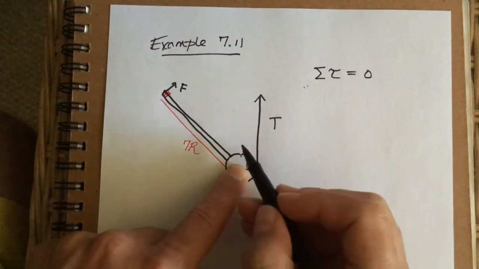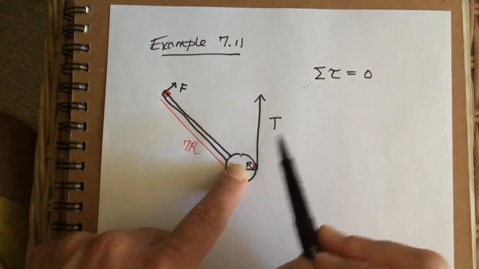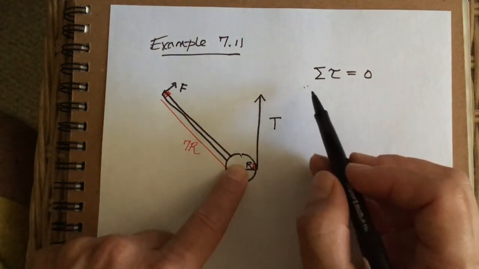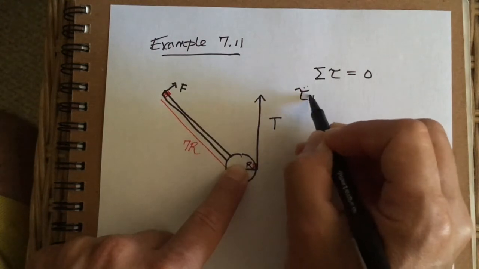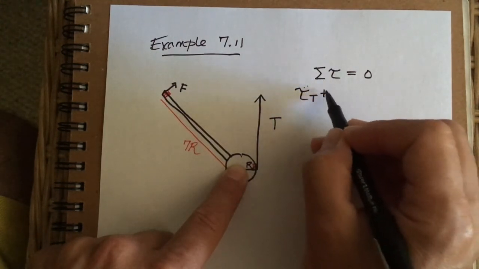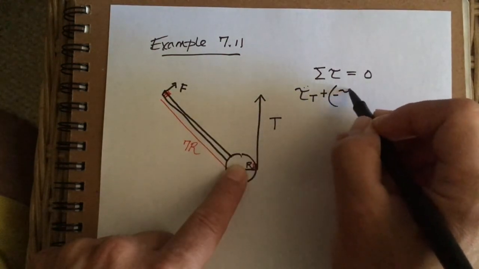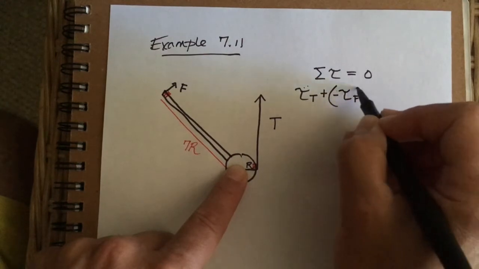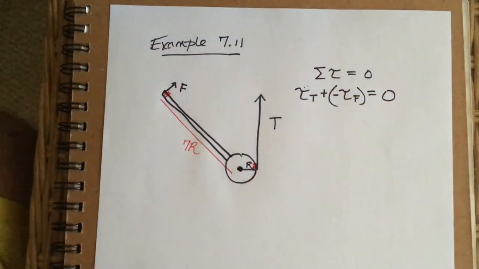So this is going to be a positive torque, and the torque from F is going to turn it clockwise, which is going to be a negative torque. So when we add these up, you have the torque of T being positive, and you add it to the torque of F, which is negative, and that sum is equal to 0.